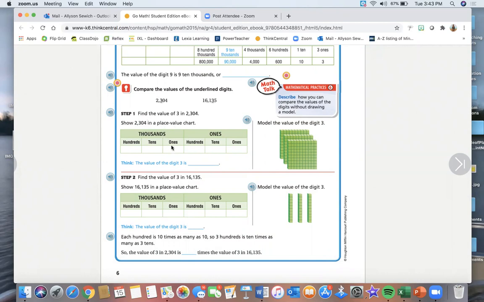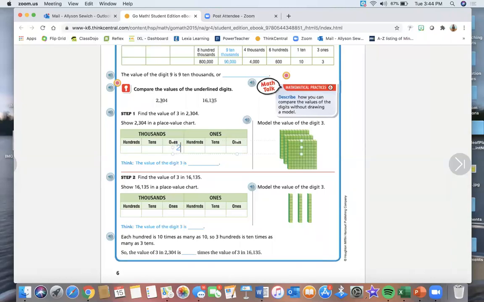Why we write these numbers in this place value chart is because the chart shows us what each number represents. So it kind of gives us that visual of what each number really means. The 2 in 2,304 isn't really 2. It's 2,000. So it's important that we remember that.